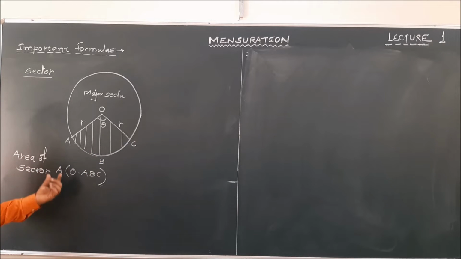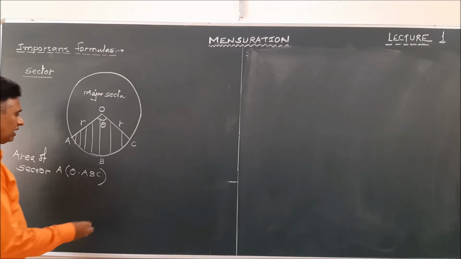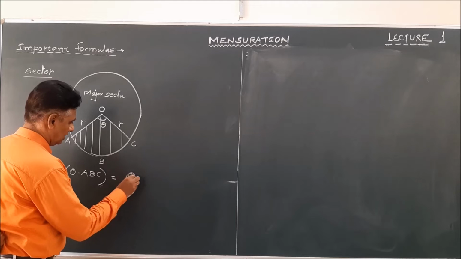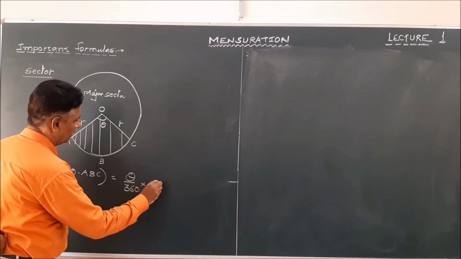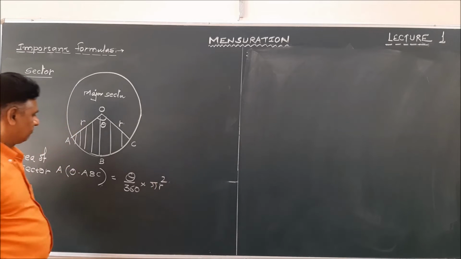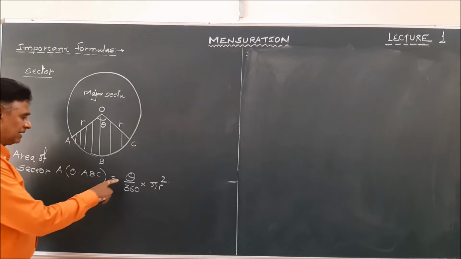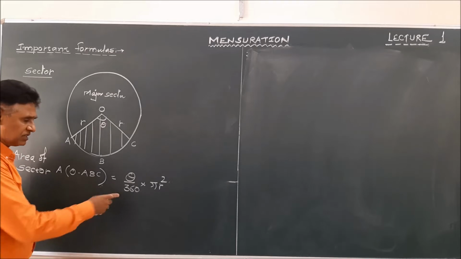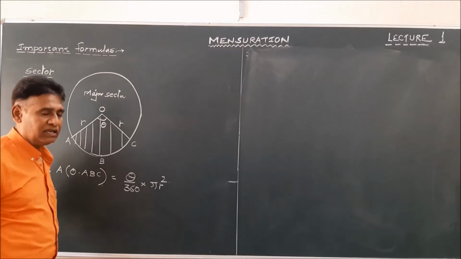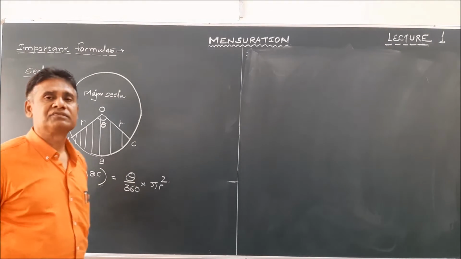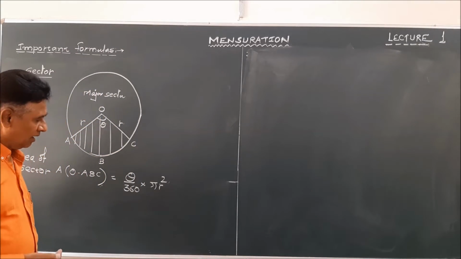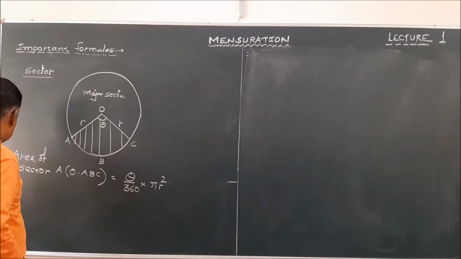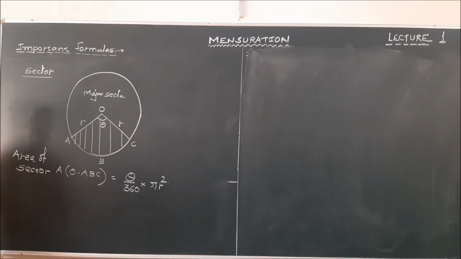Formula is theta upon 360 into pi r square. Theta stands for the central angle, 360 degrees. Pi is having value sometimes 22/7, and r is the radius of the circle. This is area of sector.